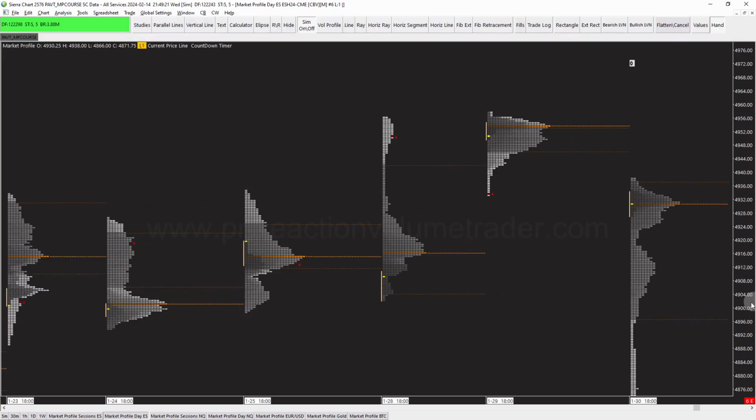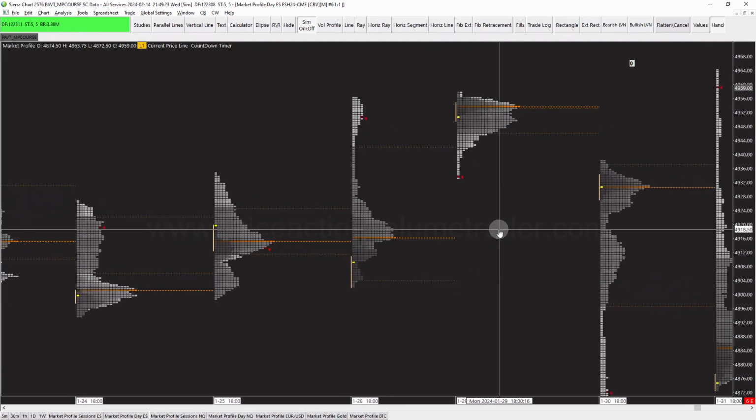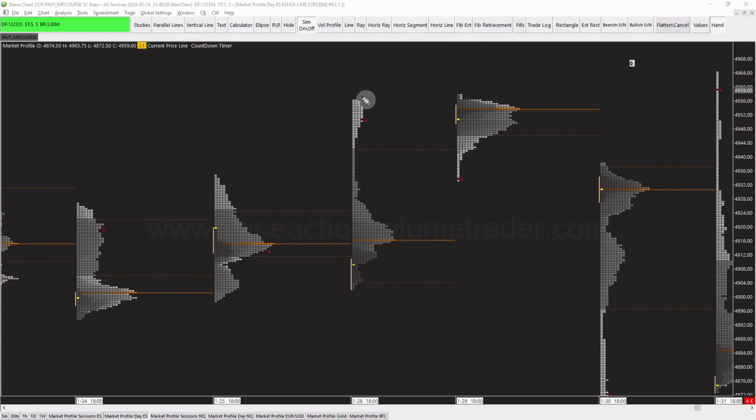So, for example, right here, you can identify we had a poor high right here that got immediately fixed at the opening of the next trading day. This is the daily profiles for the ES futures market.